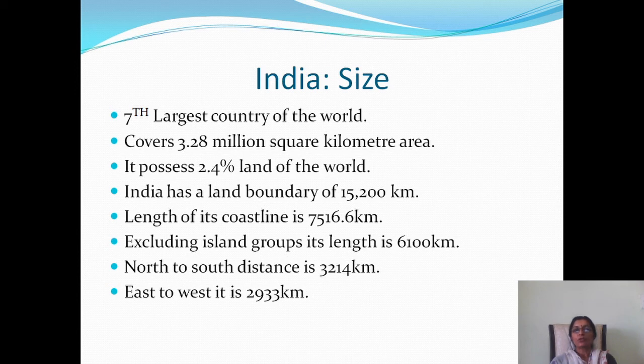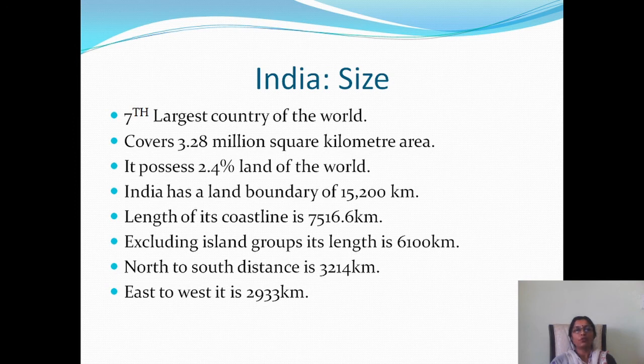If we exclude Lakshadweep and Andaman and Nicobar Islands, the length of our coastline is 6,100 kilometers only. Now let's talk about extension in kilometers north to south.